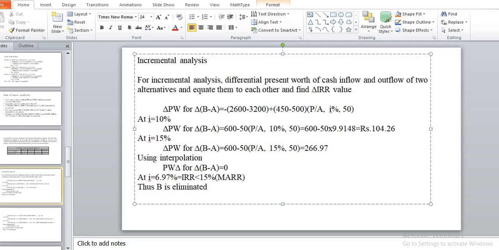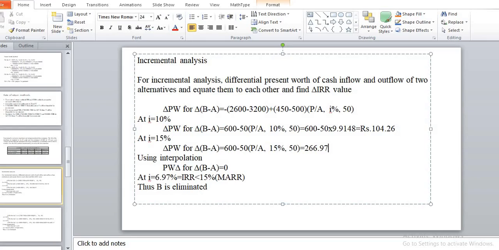Now by comparison we get two values of the incremental present worth. By the interpolation formula we find the interest rate I at which the incremental present worth becomes 0, and we calculated it as 6.97.